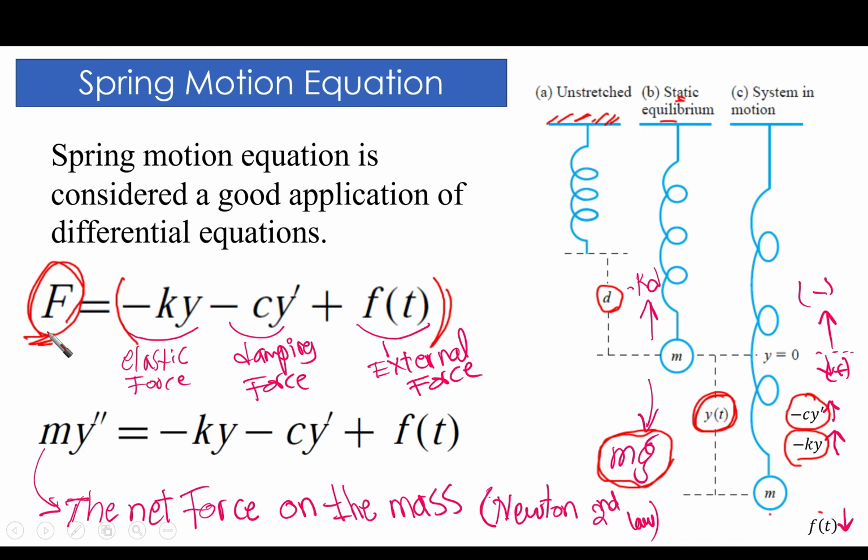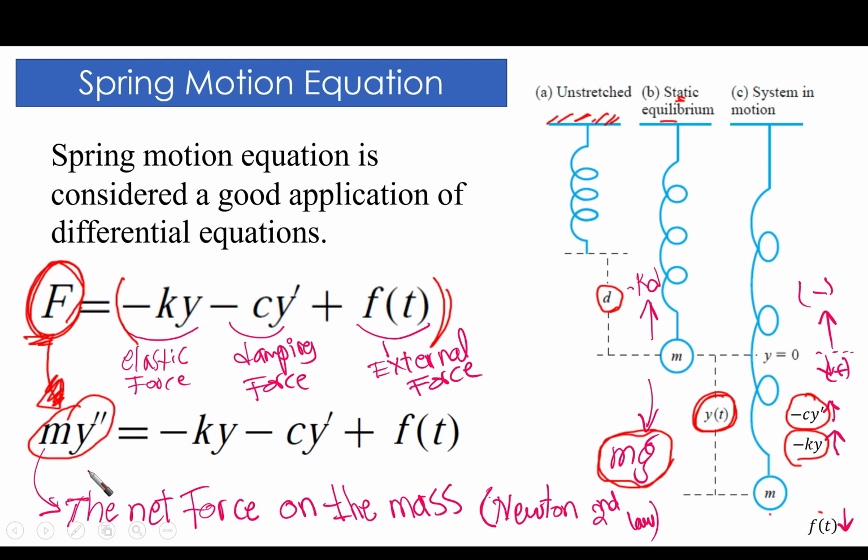Actually, this F, we can put it as my double prime. Why do we put it like this? These are the forces applied on the object, and their algebraic summation gives us the net force applied on the object m.